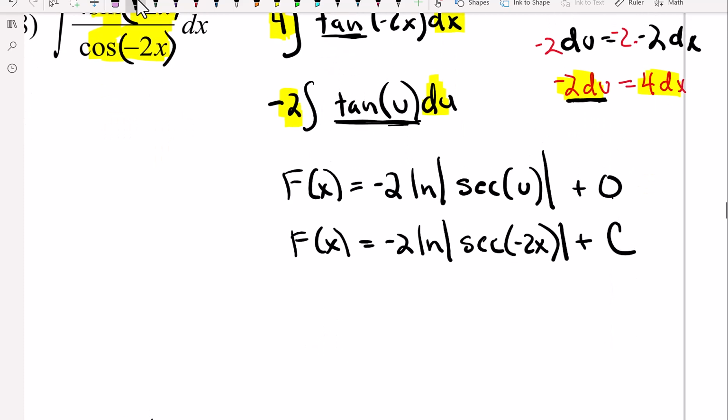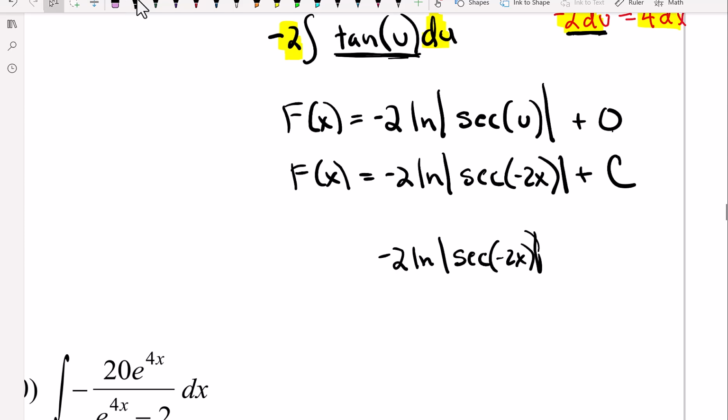Now, if you wanted to check that, take the derivative of negative 2 times the natural log. So negative 2 would come out front.